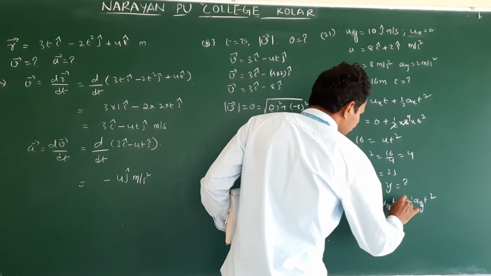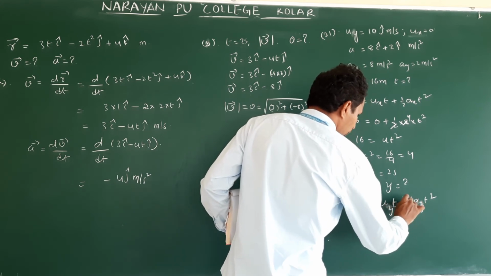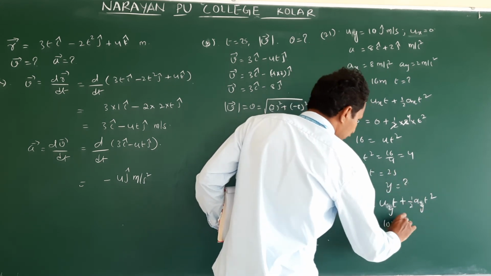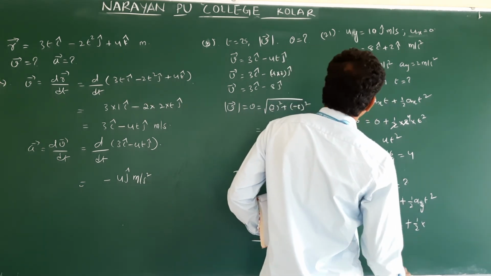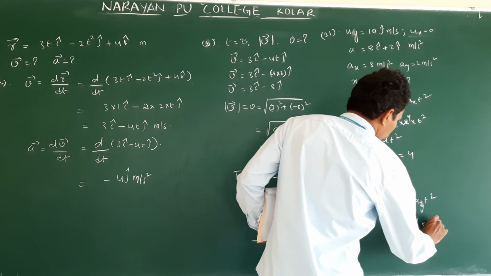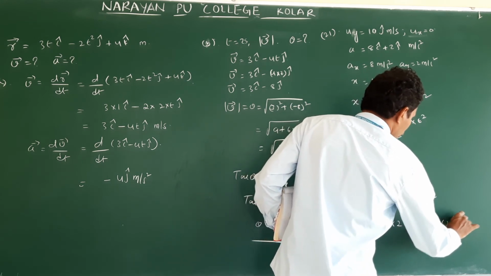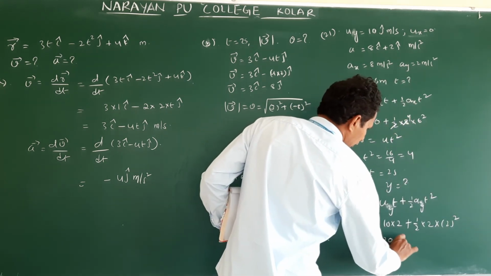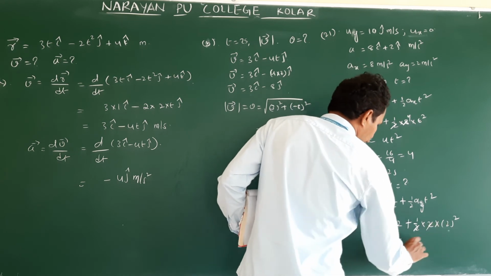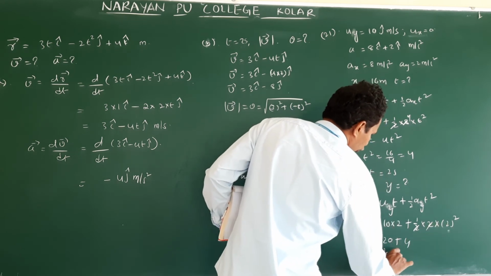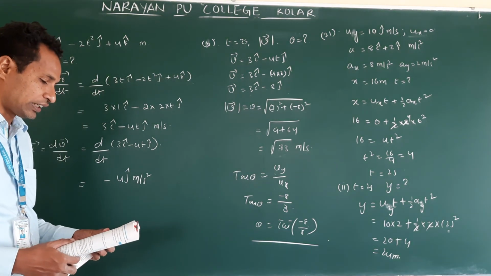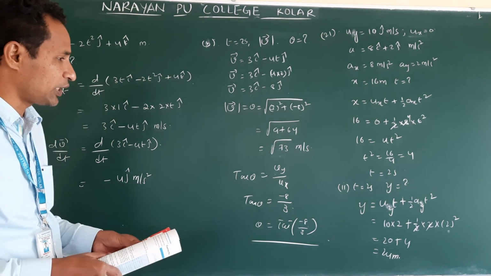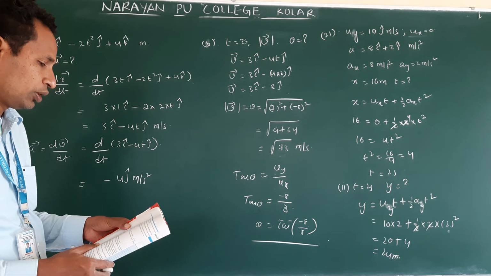T is 2 seconds, plus 1 by 2. What is ay? 2. T is 2 square. This is 20 plus 1 2 cancel 4. So this is 24 meters. When t is equal to 2 seconds, the y coordinate, the displacement in the y direction, is 24 meters.